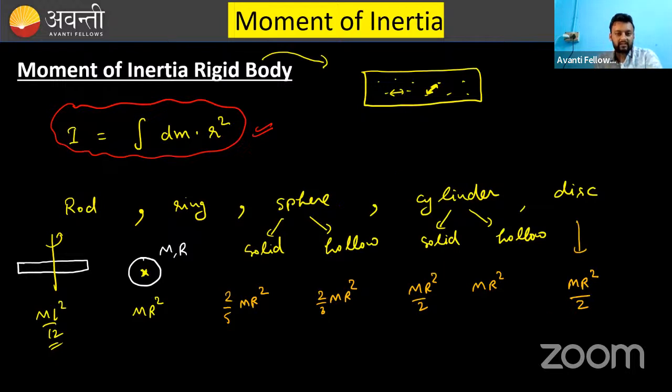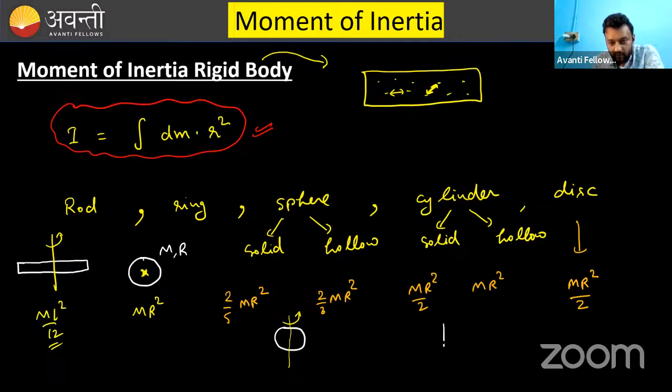Now, if I talk about the axis of these remaining bodies, if I draw the diagram, let's suppose. For all these spheres, both solid and hollow, we are considering the diameter. This is the axis. For cylindrical, whether it's solid or hollow, which axis are we taking?